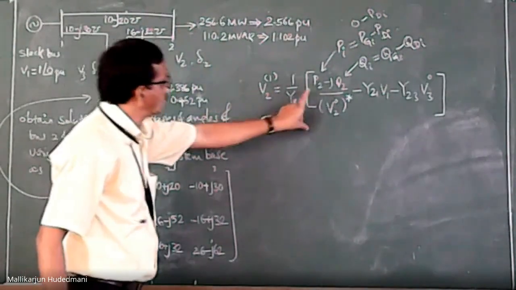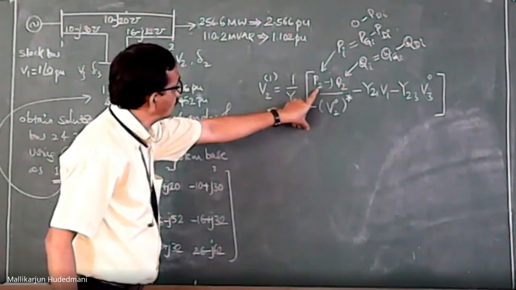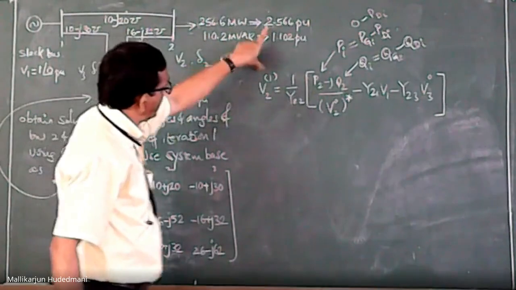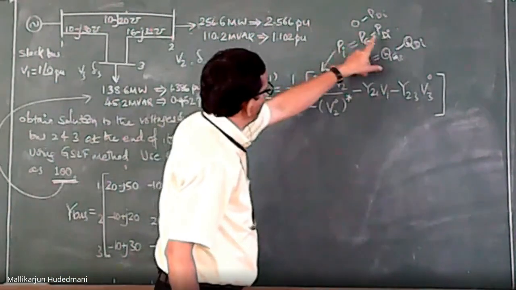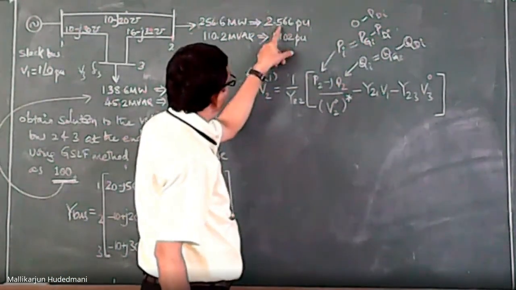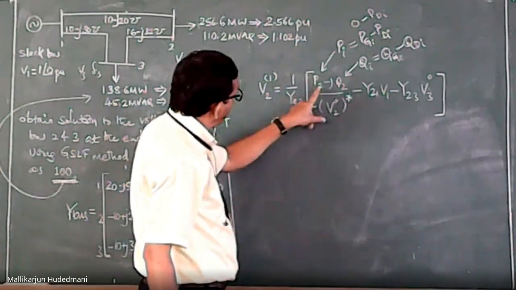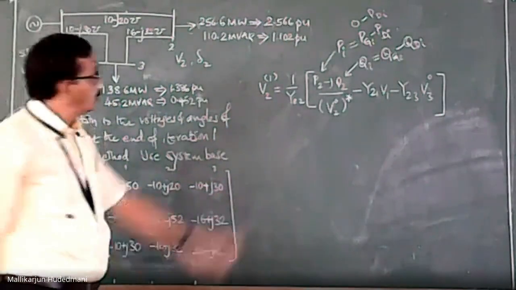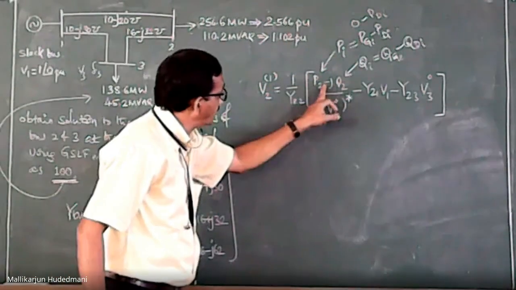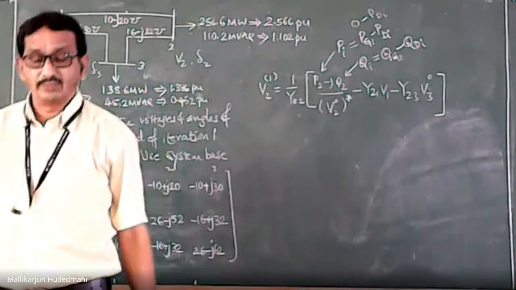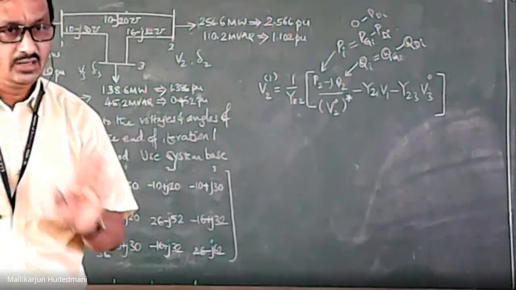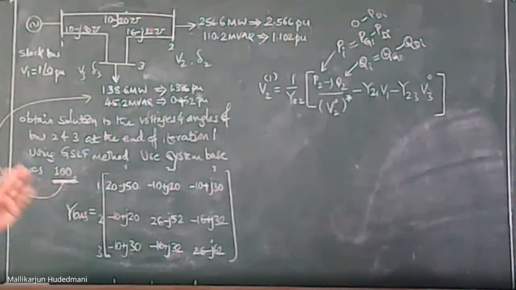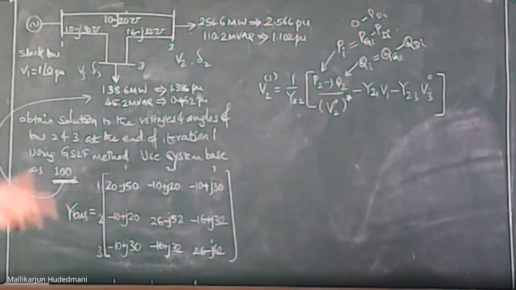So P2 refers to no generation, only demand. It is 0 minus 2.566, so it is minus 2.566. So this correction I have to do in this type of problem, where you have not been given the active power, you have been given demand only. Then when demand is given, PG is 0, and 0 minus the demand is negative.